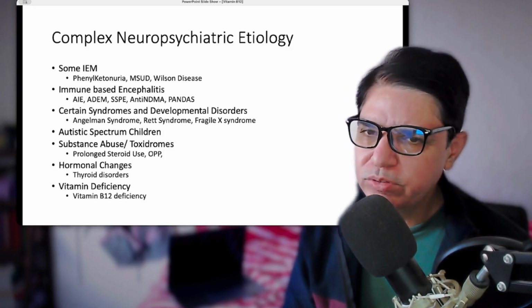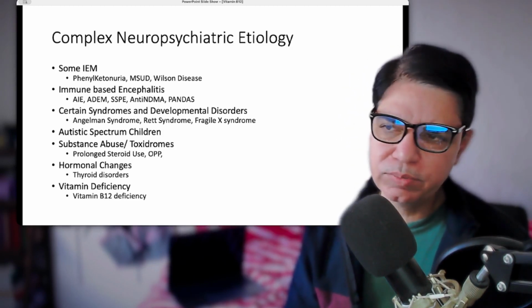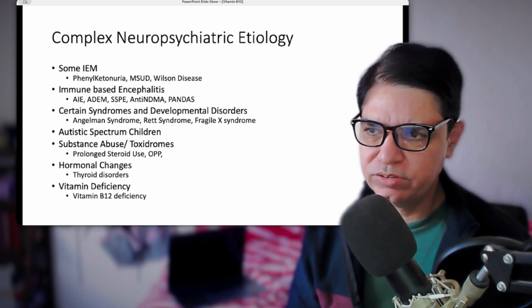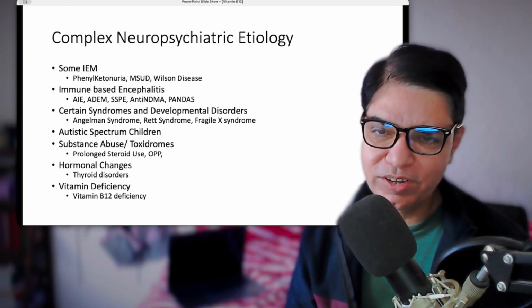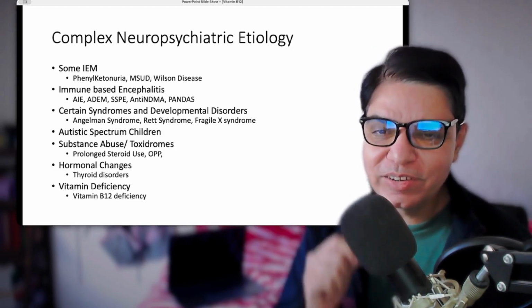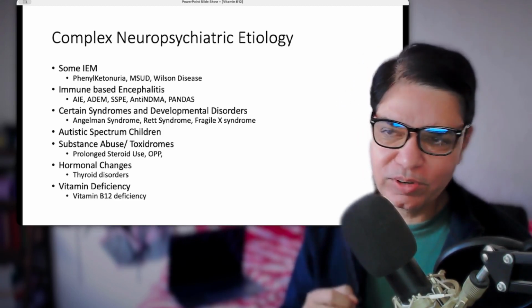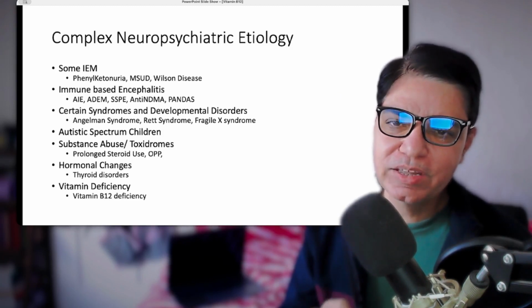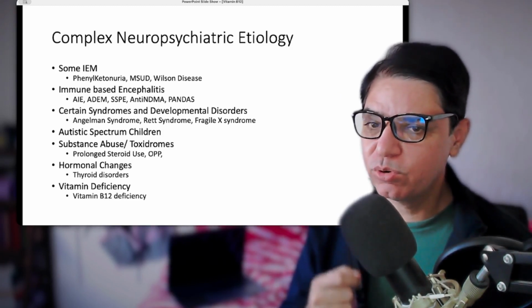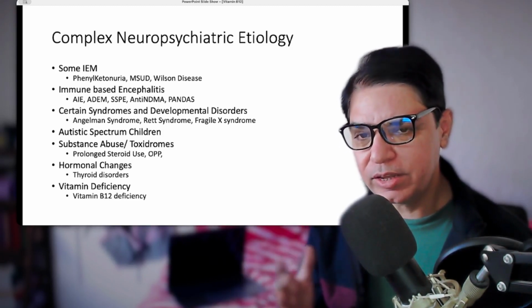And when we say Wilson disease should be easy to diagnose because of the Kayser-Fleischer rings, not everybody has Kayser-Fleischer rings. The majority of Wilson disease patients present with neuropsychiatric symptomatology. Only 20 to 30% of them would present with Kayser-Fleischer rings, and that would be somewhat later.